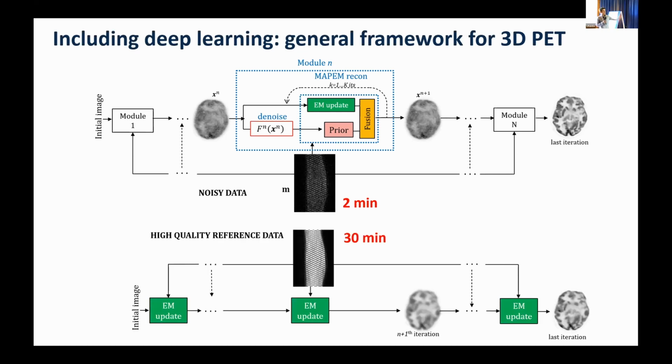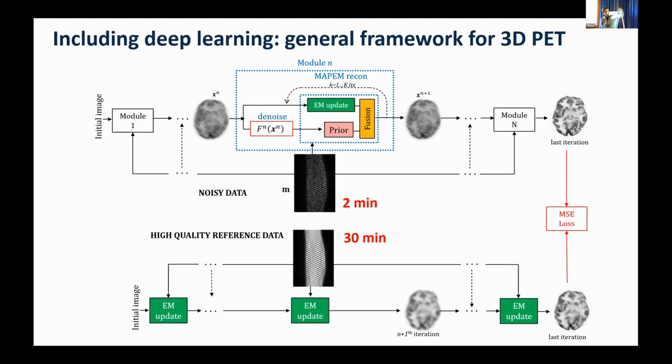Now, just to finish, how do we train it? Well, what we're saying is when we put an initial image into that cascade of operators with noisy data, what I'm requiring is that that endpoint iteration needs to match regular MLEM, if you like, operating on very high quality data if you've got it. And then we're just saying that that top unrolled network, the endpoint needs to match the reconstruction of high quality data.